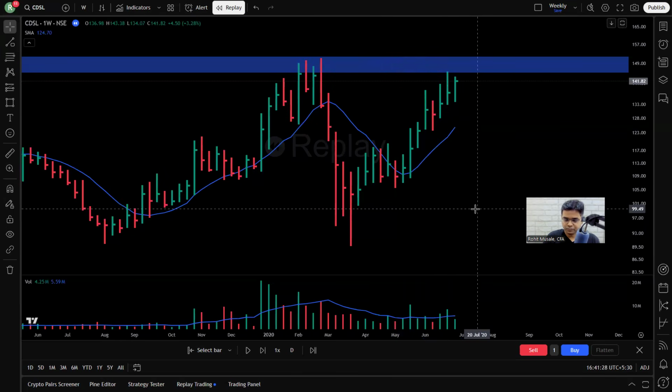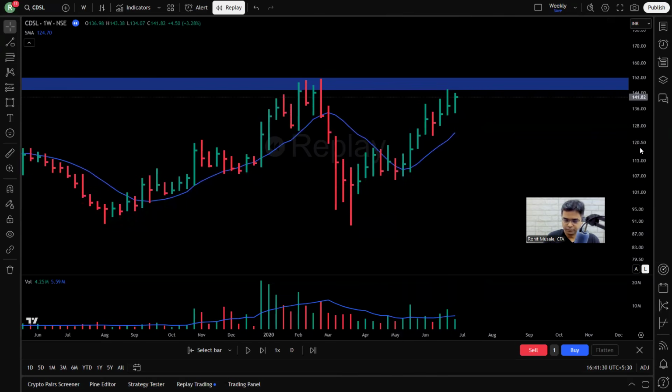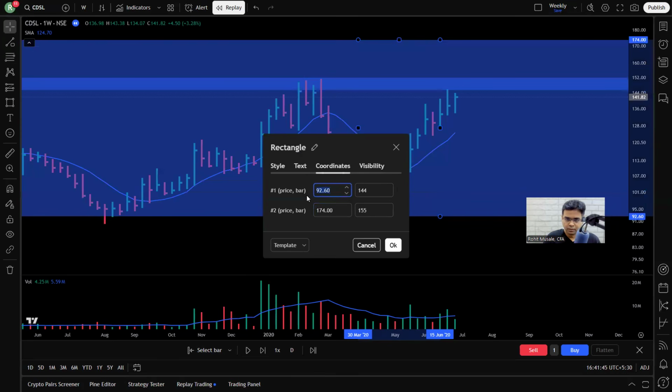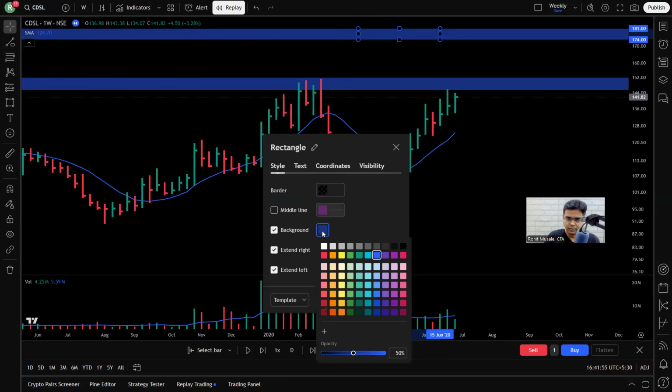Next, let's draw the green zone. So this will be 145.27 multiplied by 1.2, which is 174. And this is 145.27 multiplied by 1.25, which is 181. Let's give it green color.